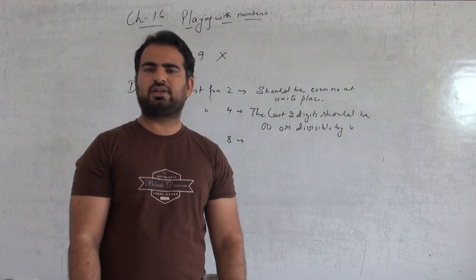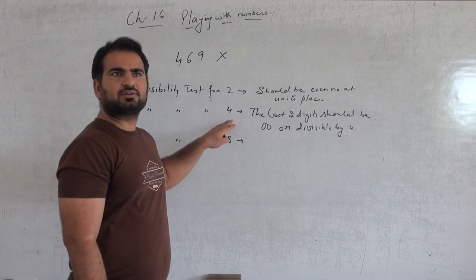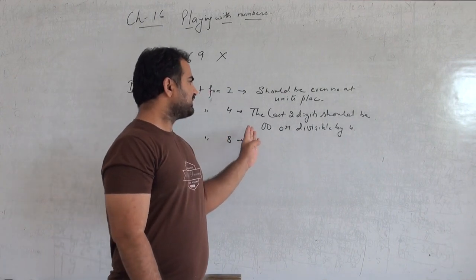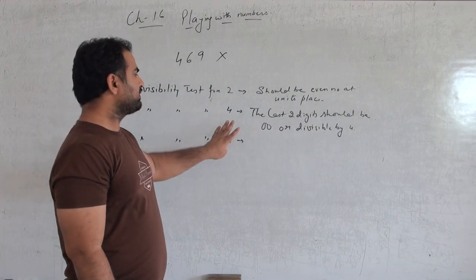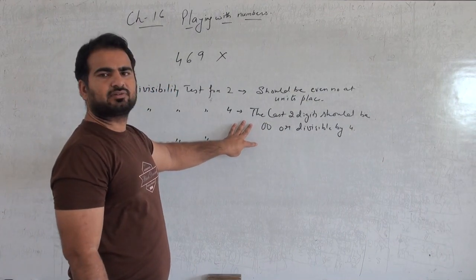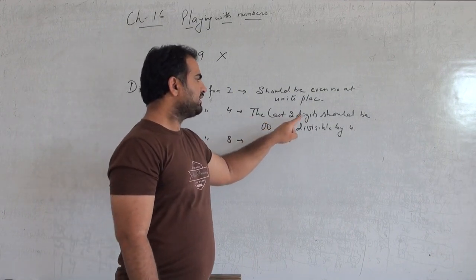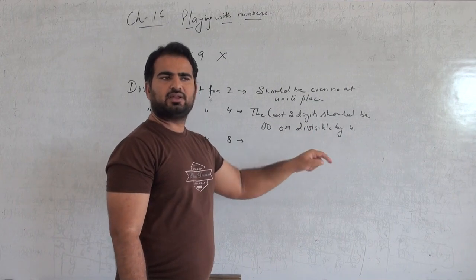Next, divisibility test for 8. So what we have to do is, it is just as it was for 4. What we have to do is just take 3 digits. The last 3 digits should be 000 or divisible by 8.